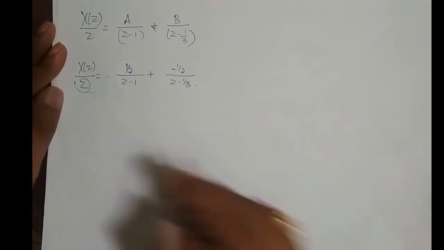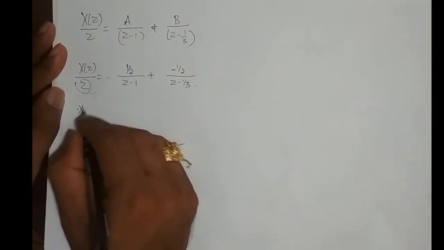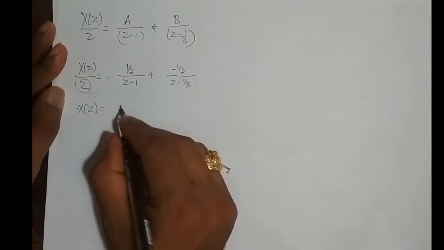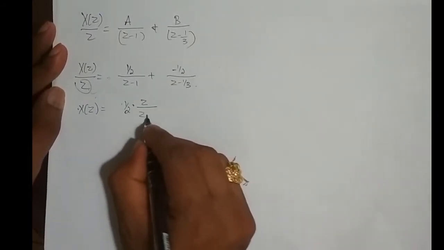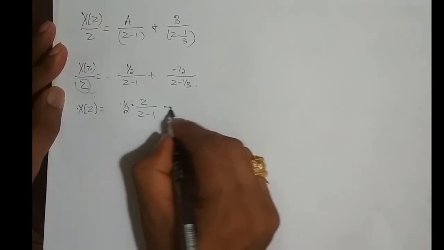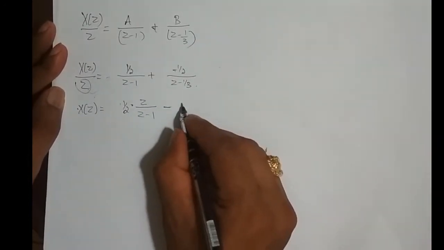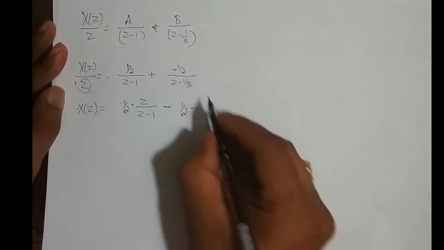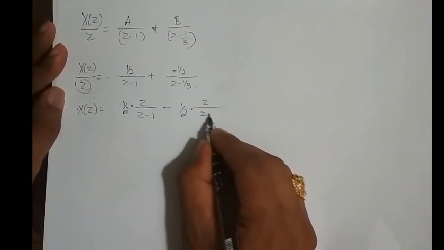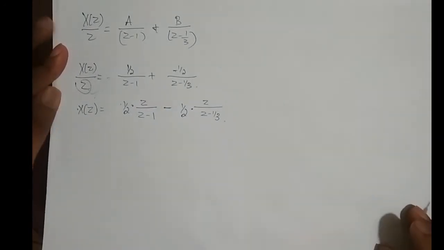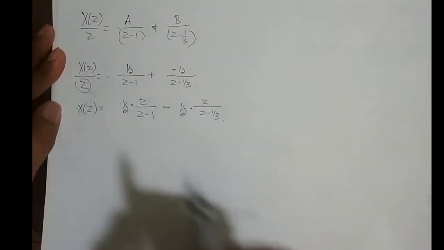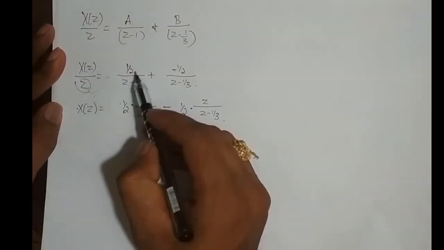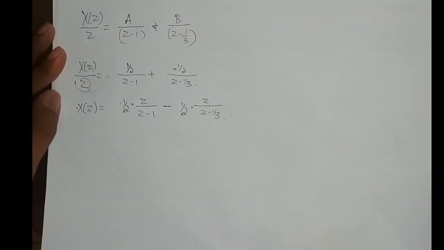If I take this z to the right hand side, X(z) is equal to 1 by 2 into z divided by (z minus 1), minus, because this is minus, 1 by 2 into another z divided by (z minus 1 by 3). So this z goes here as well as here, right?